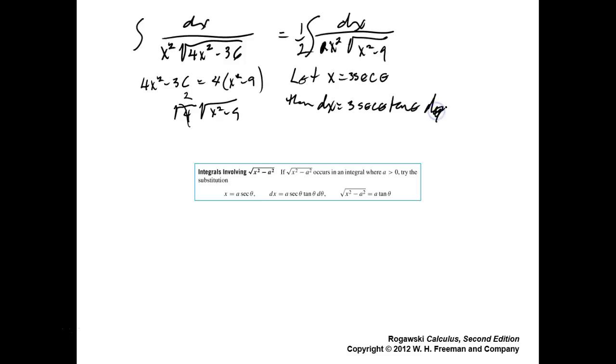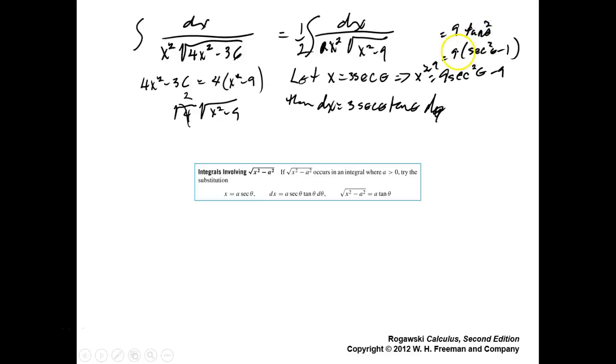Whoa. Okay. Now let's go back up here and play around. My x squared would be 9 secant squared theta. And x squared minus 9 would be, subtract 9, and then you can factor out a 9, secant squared theta minus 1, but what's that? 9 times tangent squared theta.